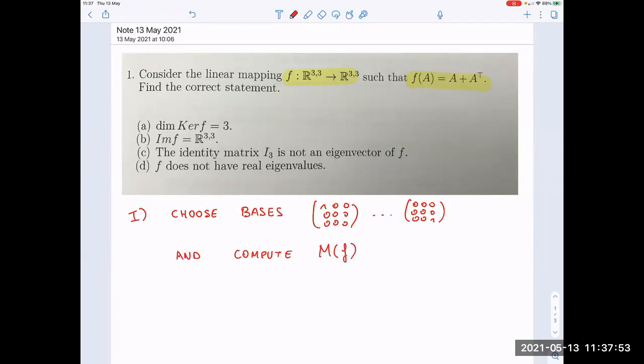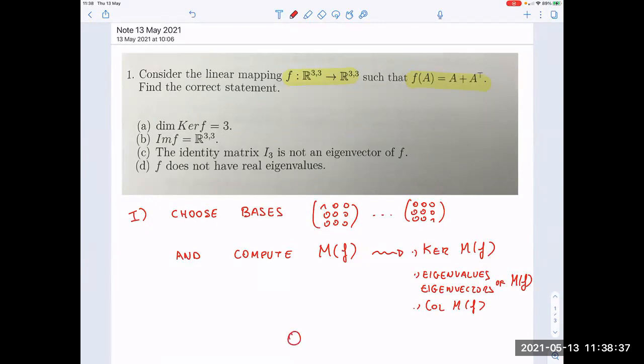Then once you have the associated matrix, you can have a look at the kernel of M, at the eigenvalues and eigenvectors, at the column space of the matrix, and all of these will give you information about the map. But this is not the recommended way because it is a little bit cumbersome. You have to work quite a lot.